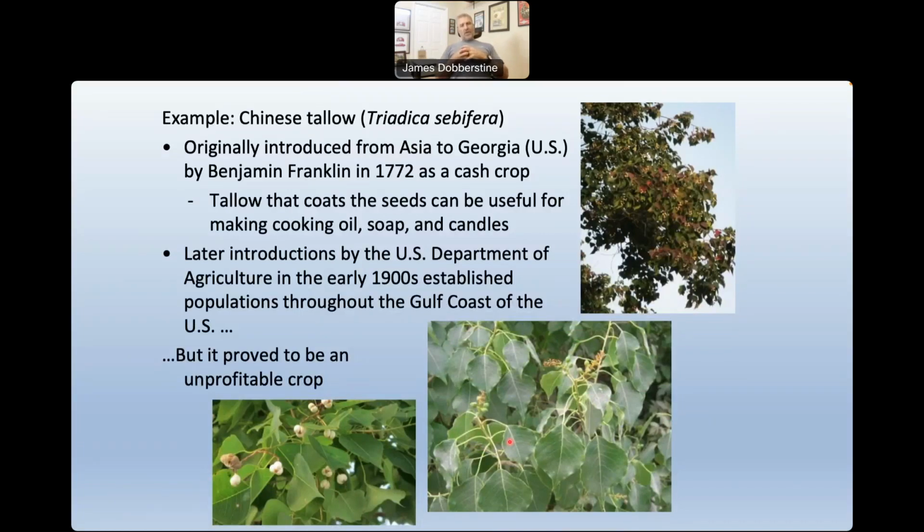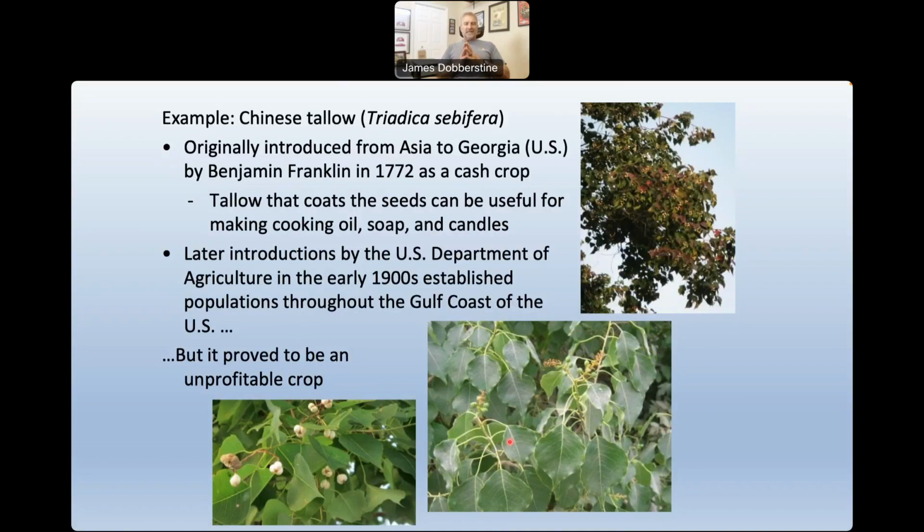Okay, so let's shift gears from wetland plants now to terrestrial plants. So I mentioned Chinese tallow earlier, Triadica. And this is an interesting plant because this is another one that was brought over intentionally.